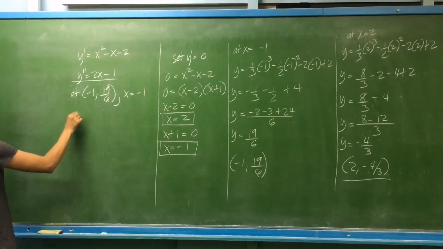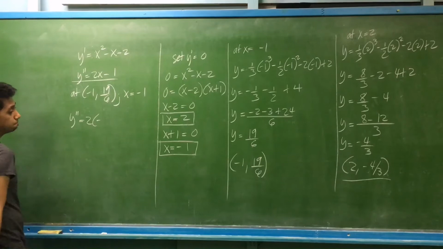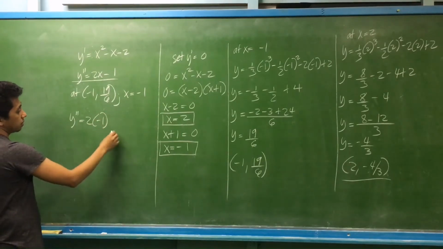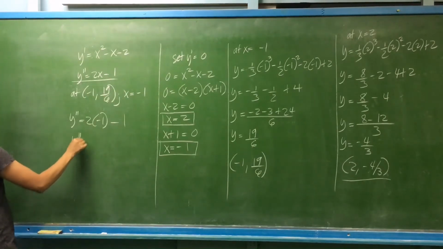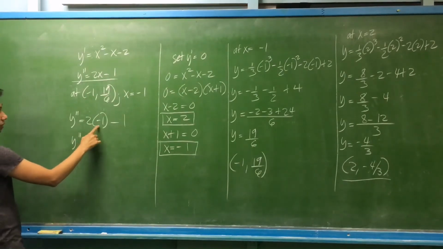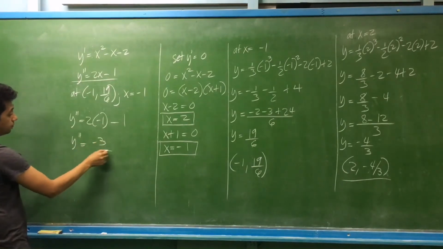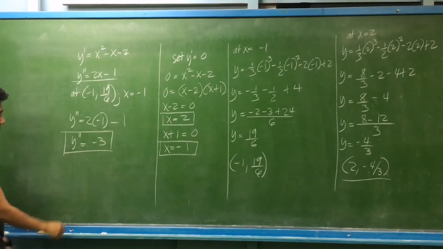So y double prime is equal to twice of negative 1 minus 1. Obviously, negative 2 minus 1 is negative 3. So what did we say?